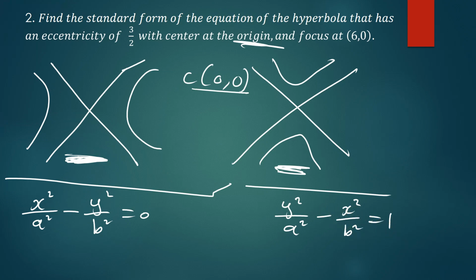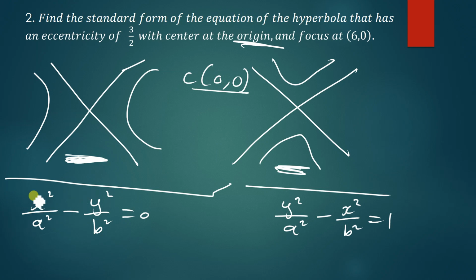The way you know whether this is in the x or in the y is by checking the value that is positive. The term that is positive tells you the orientation of the geometry.